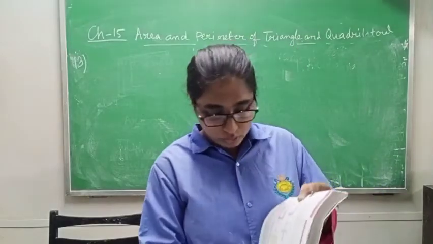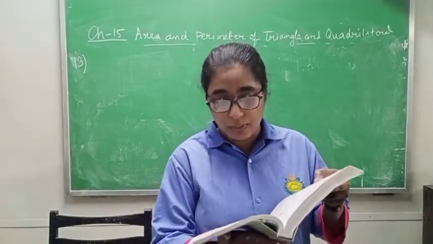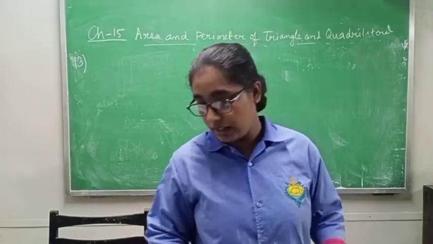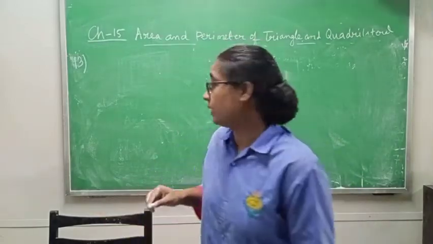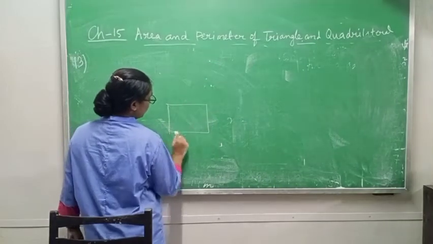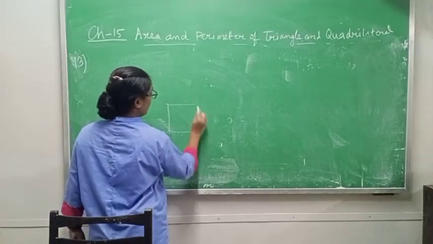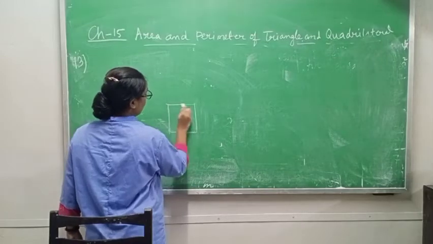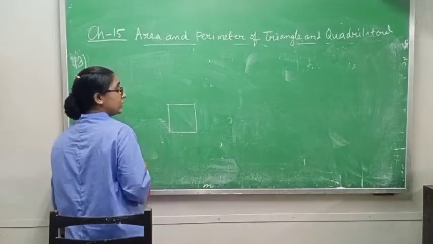So what they are telling you to do, you have to calculate how much length of wall. Okay, length of wall means you have to calculate perimeter, because length of wall means it is what? Boundary, and if it is square in shape it will be like this. So we have to calculate boundary, means perimeter.